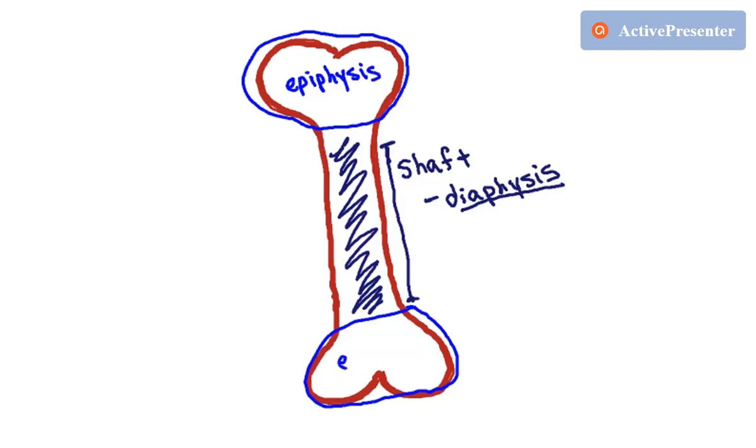And then another one down here is called the epiphysis. Plural, both of them together, is called the epiphyses. And you just change the I to an E at the end of the word to make it plural. So this is more than one.